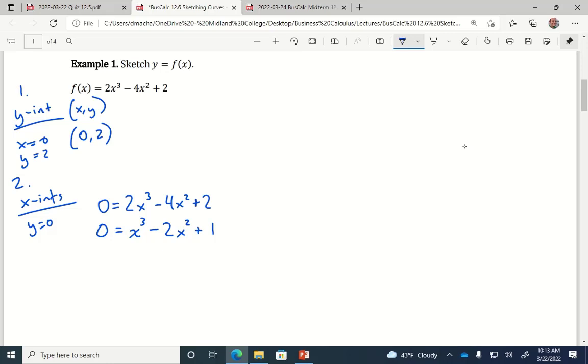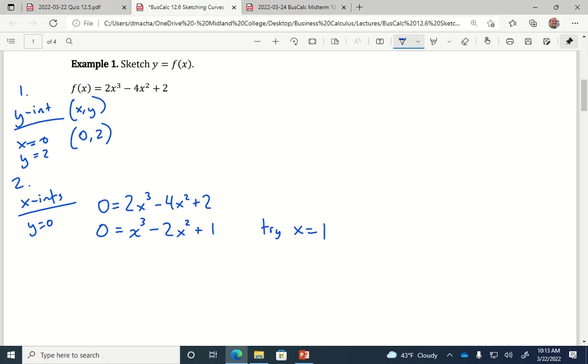So maybe I'll just try a wild guess. I'm just going to try x is equal to 1 and see what happens. Well, that would be 1 cubed minus 2 times 1 squared plus 1. And that's going to be 1 minus 2 plus 1, which really does equal 0.